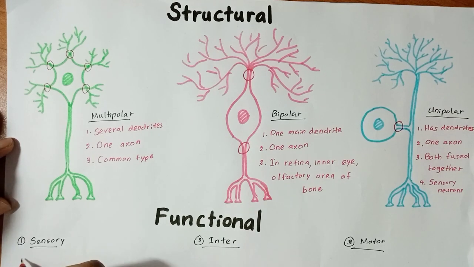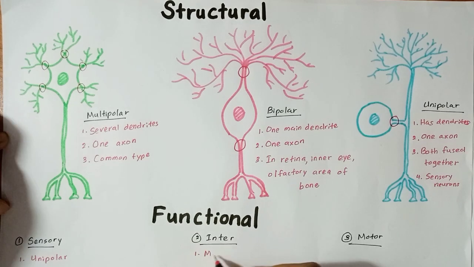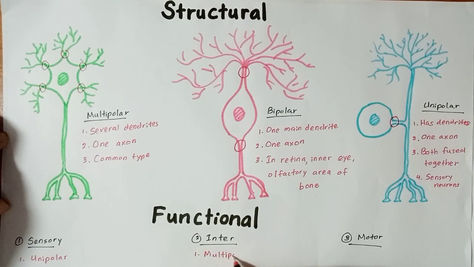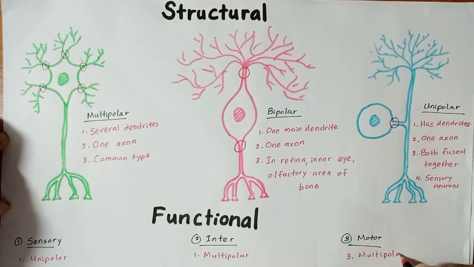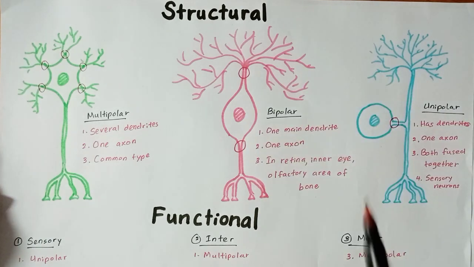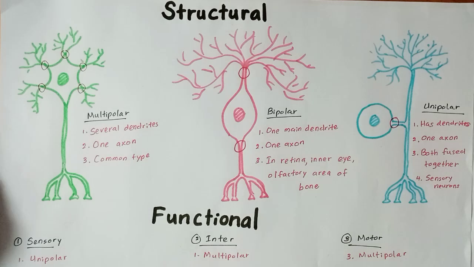Sensory neurons are unipolar, and interneurons are multipolar. And motor neurons are also multipolar. That means bipolar cells can only be seen in the retina, inner ear, and olfactory area of the nose.